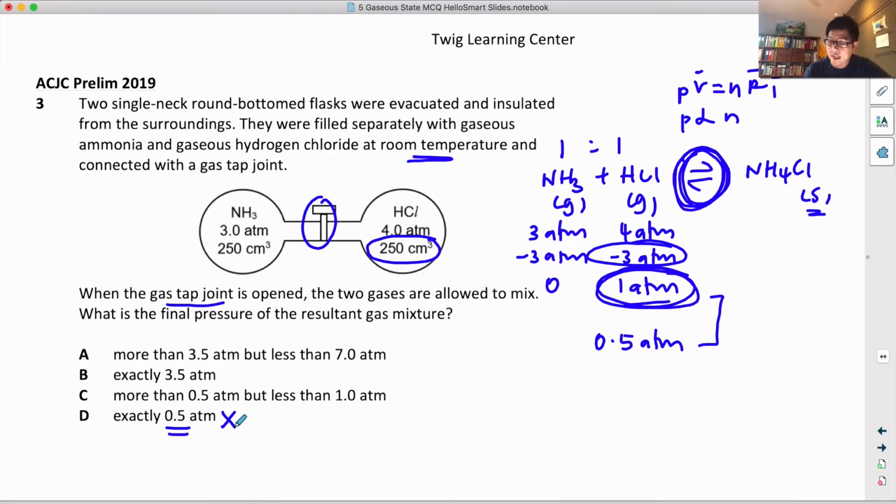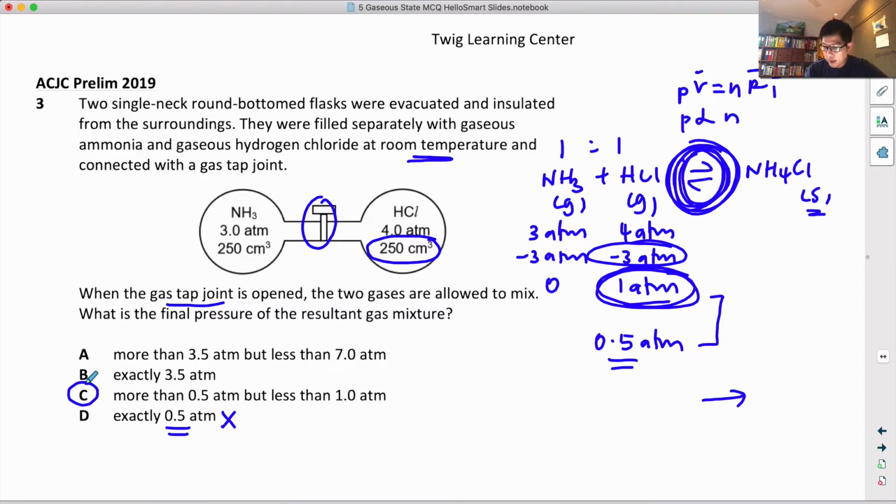Why won't it be exactly 0.5? Because this reaction is reversible. When we calculated 0.5, we assumed it was a straight arrow, but because this reaction is reversible, there'll actually be slightly more HCl left behind. It won't be 1 atm either, so it has to be between 0.5 and 1 atm. This is a bit of a tricky question, but the answer should be C.